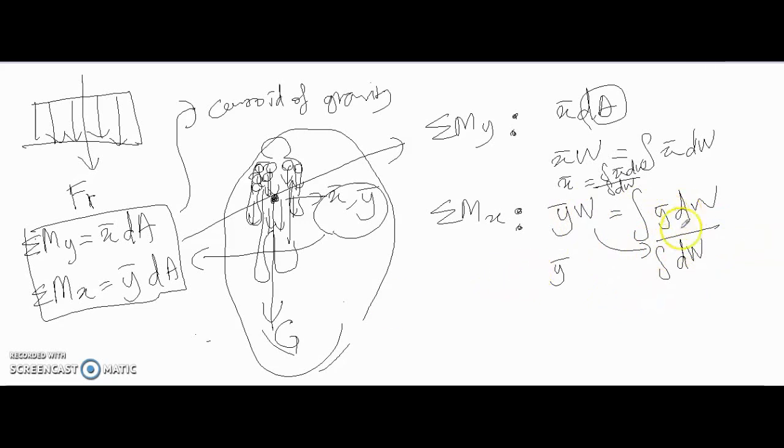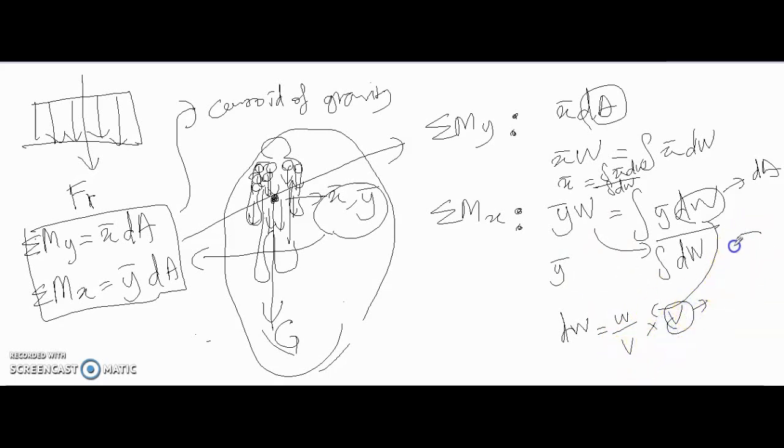The differential of weight here, if you want to change it into terms of differential of area, you can use this equation. The differential of weight is equal to weight over volume multiplied by volume.